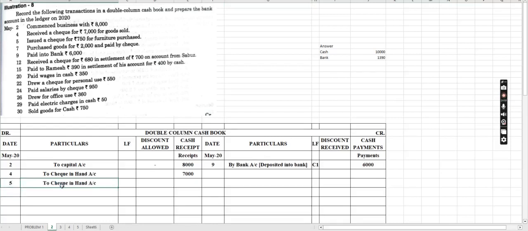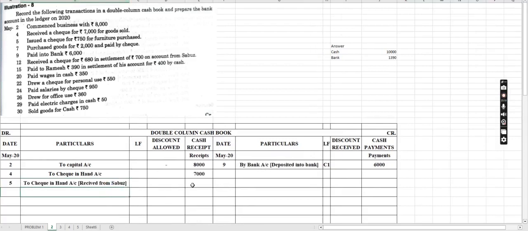We consider this as a check in hand account, received from Shabaz. The previous check we received from whom? They have not said. Received a check. So here we have received it from Shabaz, so I have mentioned it here.